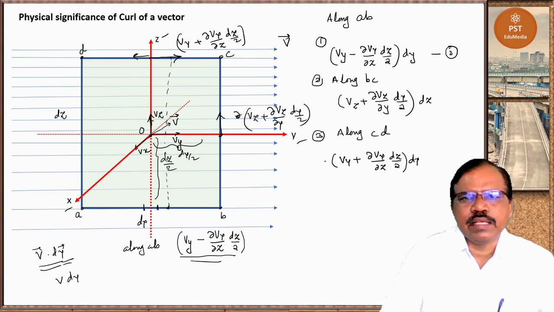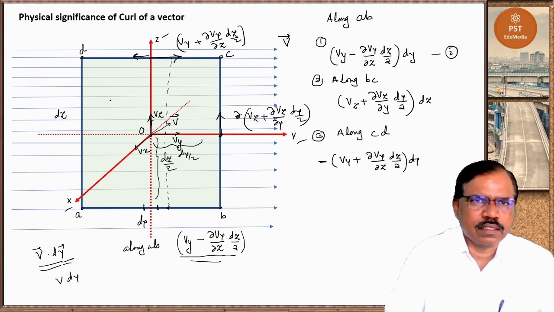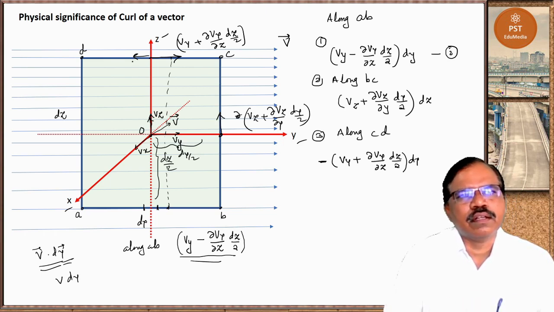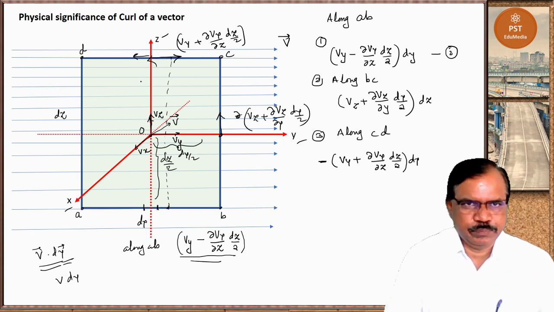But we have to take a minus sign here, because the angle between the y component and the direction of the path is 180 degrees, so we get a negative component.